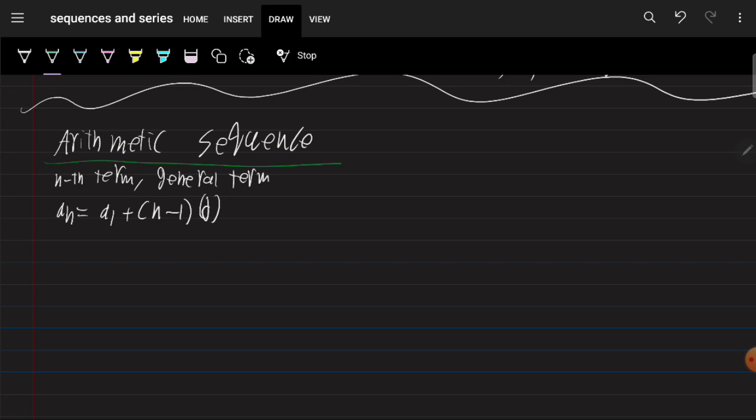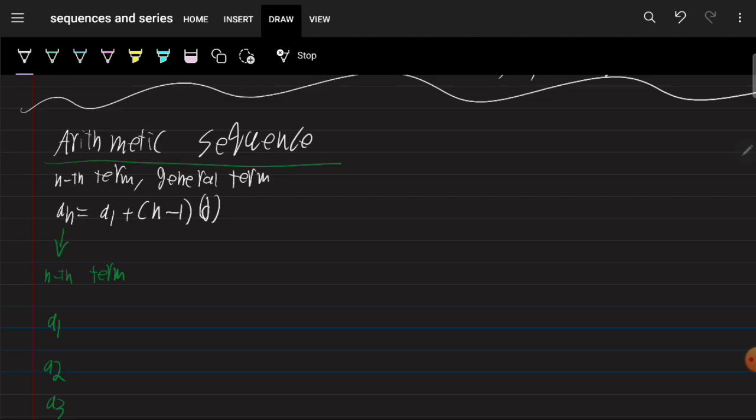Now let's define all of these variables. So this, the an, is the nth term of a sequence. For example, a1 represents the first term of a sequence, a2 represents the second term, a3 represents the third term.